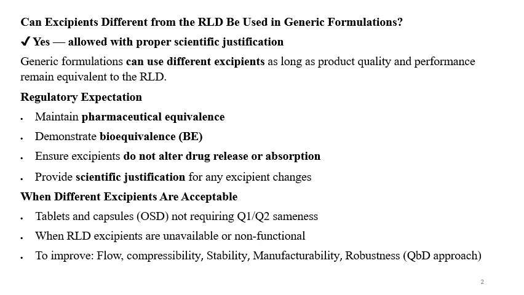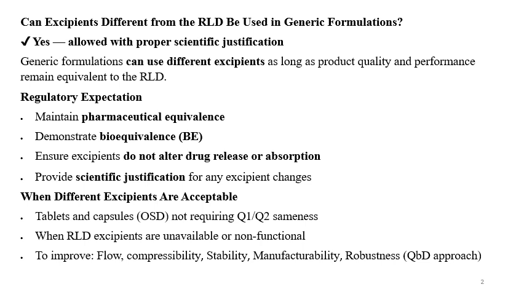Then, when are different excipients acceptable? Consider formulations like tablets and capsules. Some formulations do not require Q1 Q2 sameness. That time you can use excipients other than the RLD.